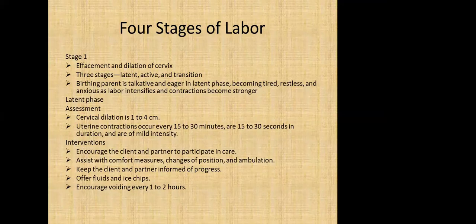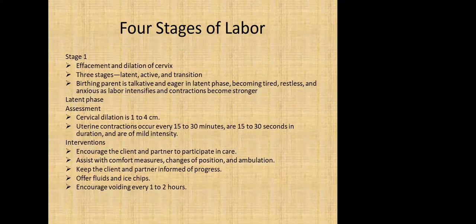So I was on the first stage, and I said the first stage mainly has to do with the cervix dilating and effacing. When we say dilation, we say the cervix is expanding, moving from 1 to 10. Then effacement is the cervix thinning.